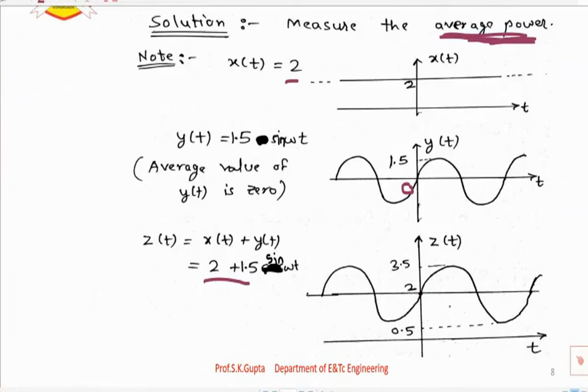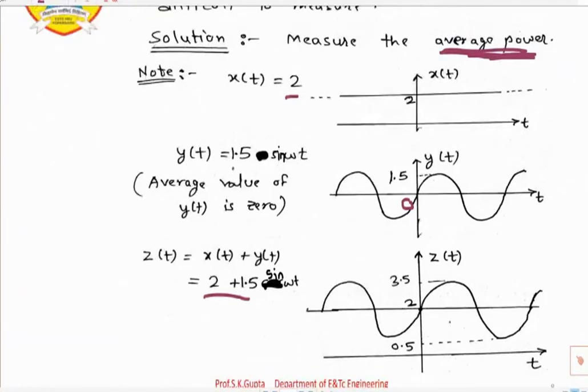Okay. Now one more very important point, as you can see here, about this 1.5 sine omega t or any sinusoidal signal or cosine signal. If I plot that signal, then one observation is that the positive area is the same as the negative area.